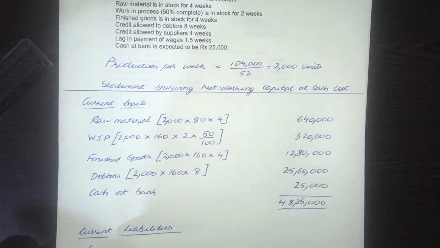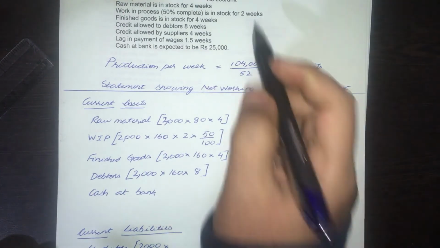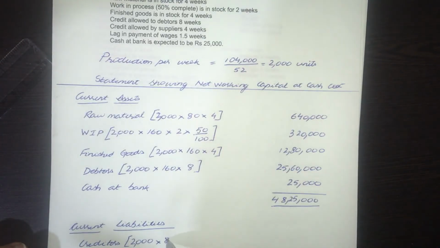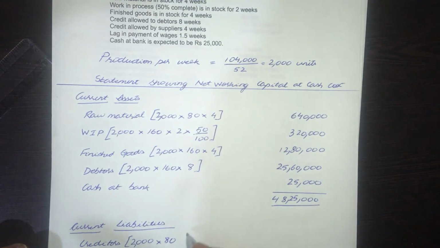So creditors will be 2000. What do you buy from your creditors? You buy raw material, right? So what is the cost of raw material per unit? 80. So 2000 into 80 into 4. That will be 6 lakhs 40,000.